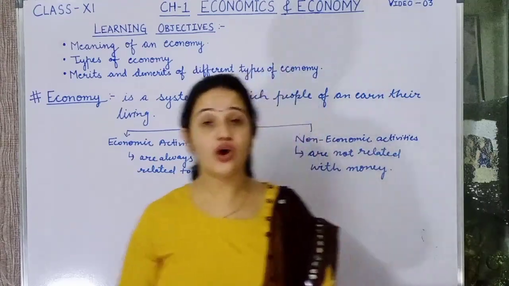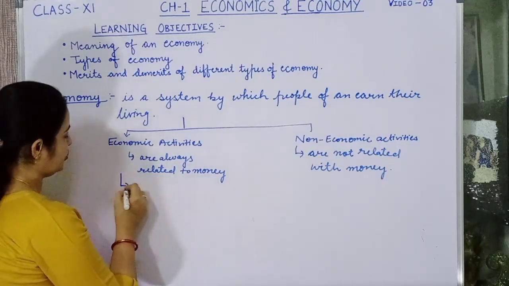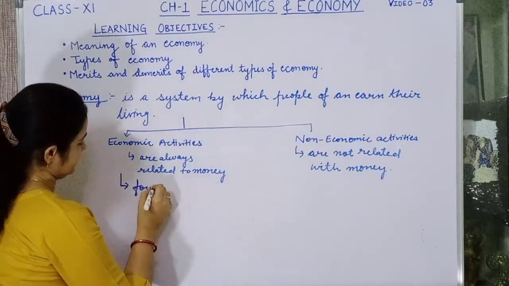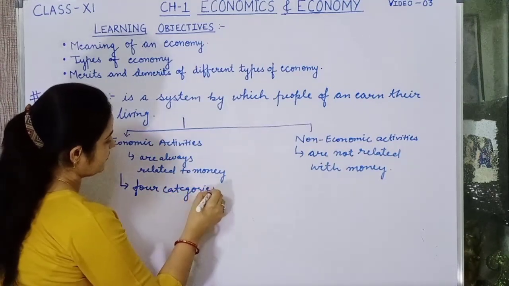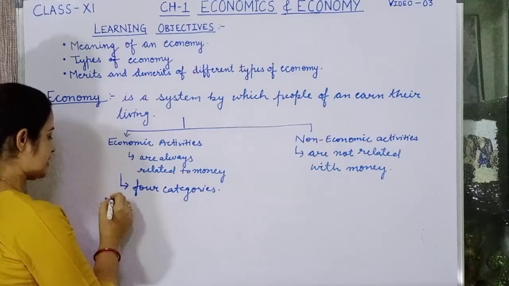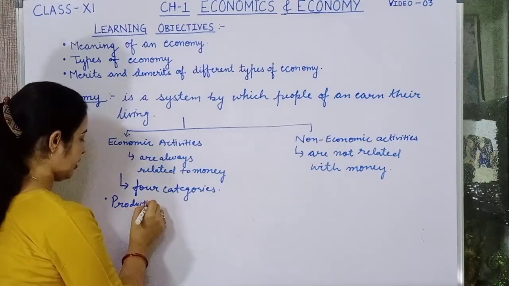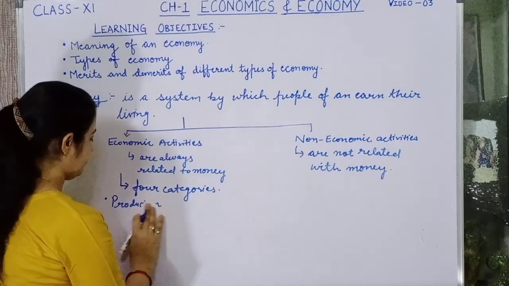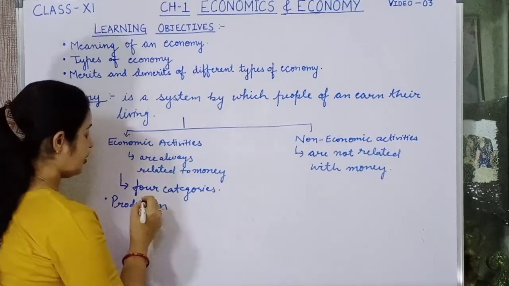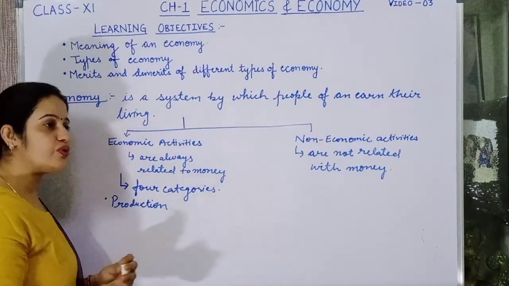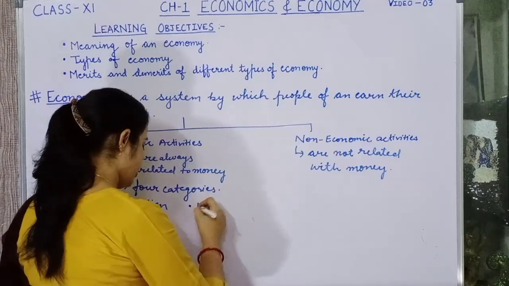Economic activities are further classified into 4 categories. Do you know what the 4 categories are? They are firstly production. Production means to produce goods and services. Secondly, distribution.